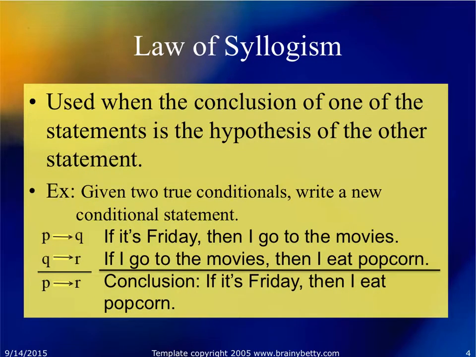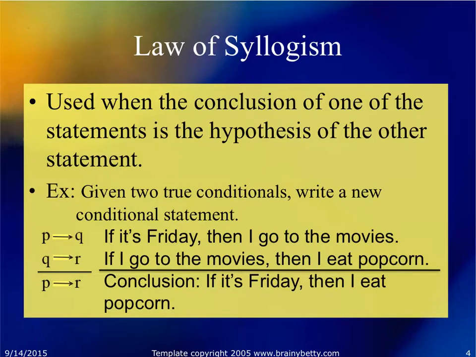The second law is the law of syllogism. This one is used when the conclusion of one of the statements is the hypothesis of the other statement. So we sort of have an overlap. We're going to be given 2 true conditionals, and we want to write a new conditional statement and take out the overlap.